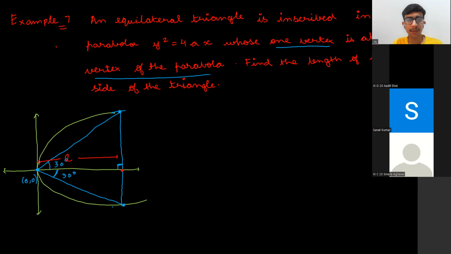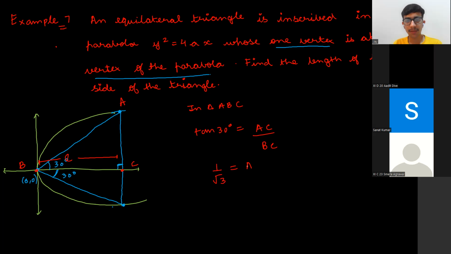Okay, so what I'm doing is I'm taking this particular length from 0, 0 to this red point as L. Now in triangle ABC, if I apply tan 30, tan 30 is equal to AC over BC. Tan 30 is 1 by root 3.